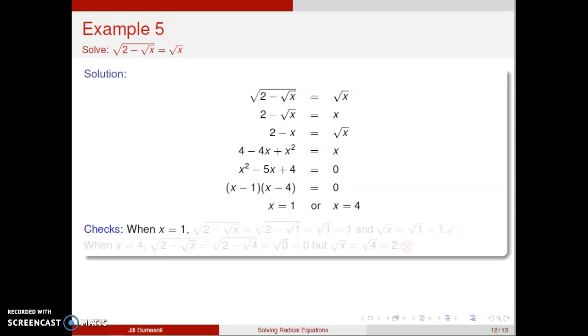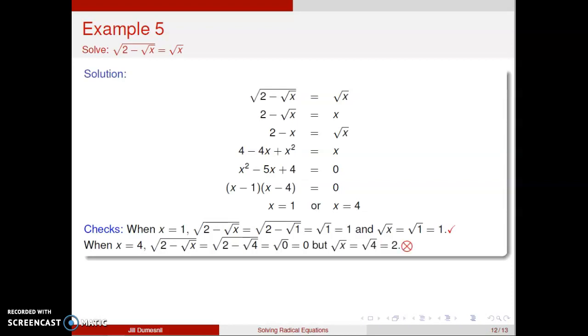When x equals 1, the left-hand side of the equation equals 1, and the right-hand side of the equation equals 1 as well. Therefore, x equals 1 checks in the original equation. When x equals 4, the left-hand side of the original equation equals 0, but the right-hand side equals 2.